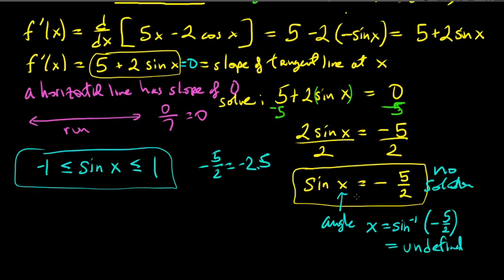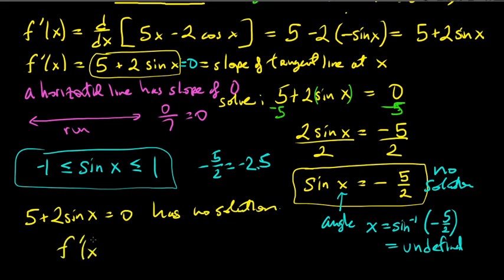Maybe I just better rewrite it. So the equation we originally wanted to solve here was 5 plus 2 sine x equals 0. And this has no solution once and for all. Which means that the derivative will never equal 0.